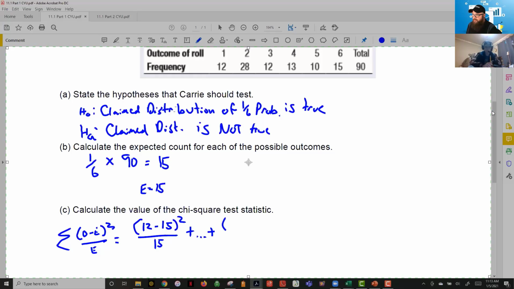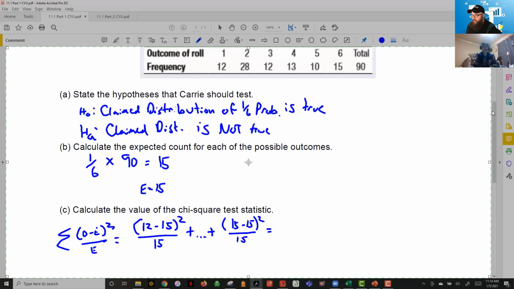I would do this all the way up to the last one. For the 6s, we had 15 rolls, so we had 15 minus 15, squared, and then over 15. Then you put the equal sign, and using the calculator or computer program, whichever you have, you do the calculations.